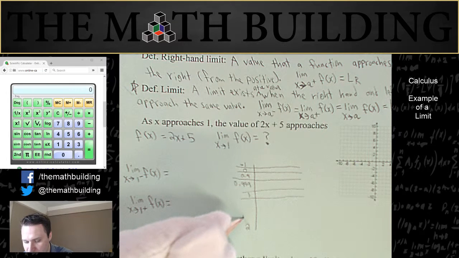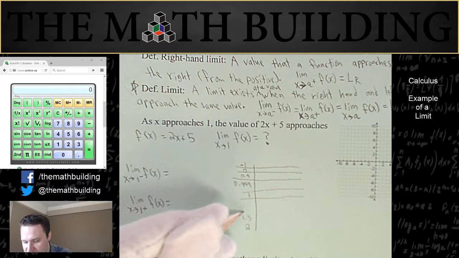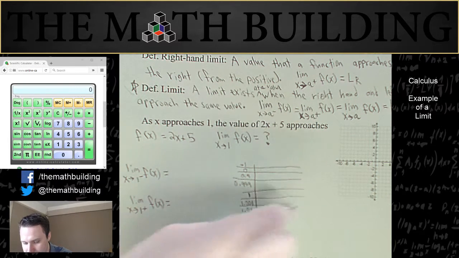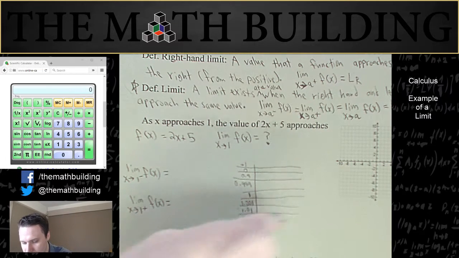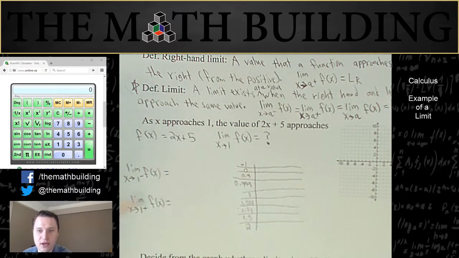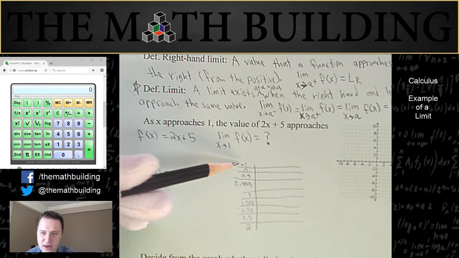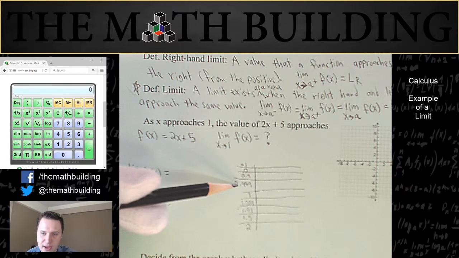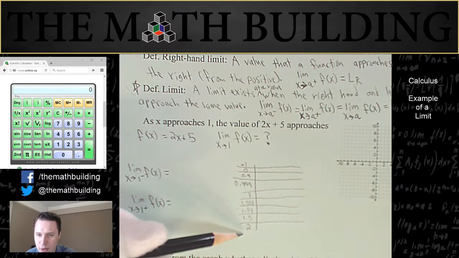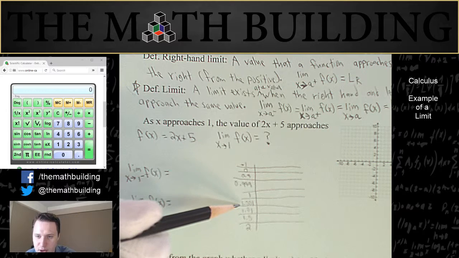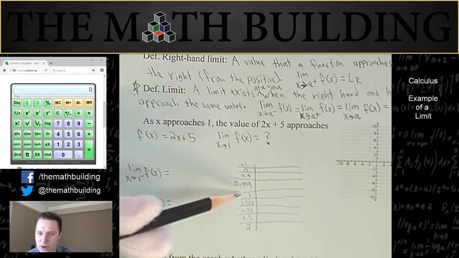Then the next values we're going to plug in are 1.5, then 1.01, and then 1.001. Notice that I'm approaching it from both sides: from the negative side, negative 1, 0, 0.9, 0.999, and from the right, the positive side, 2, 1.5, 1.01, 1.001, and 1.